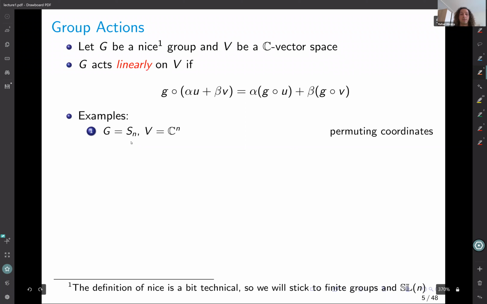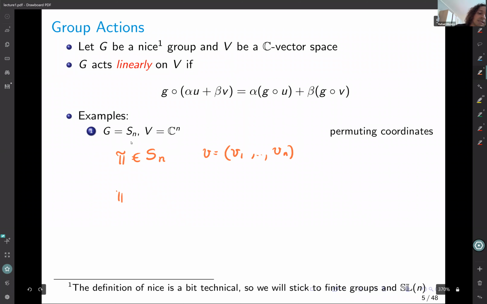All right, so let's see some examples of nice groups acting linearly on vector spaces, right? So if I have here G being the permutation group and V being the space C to the n, we can have a group action: let's say that sigma is a permutation in Sn, and then we have the vector v, which is going to be v1 up to vn.